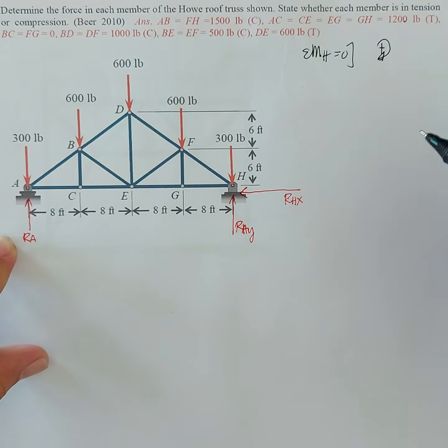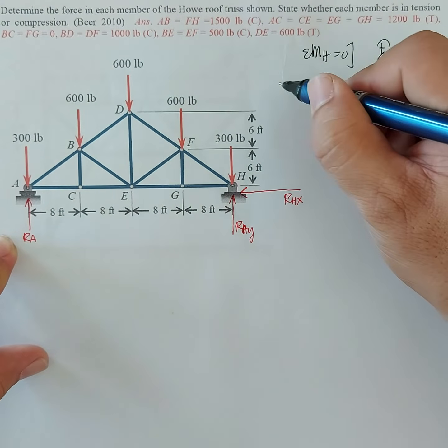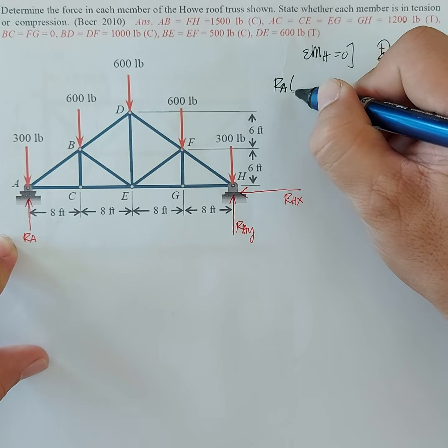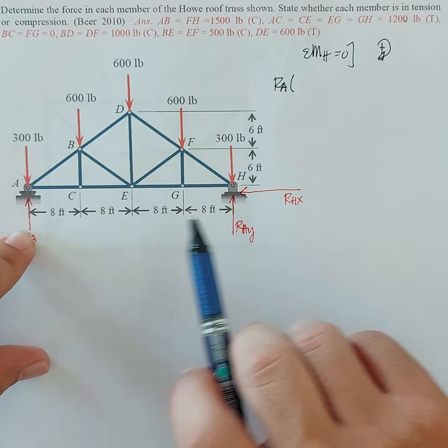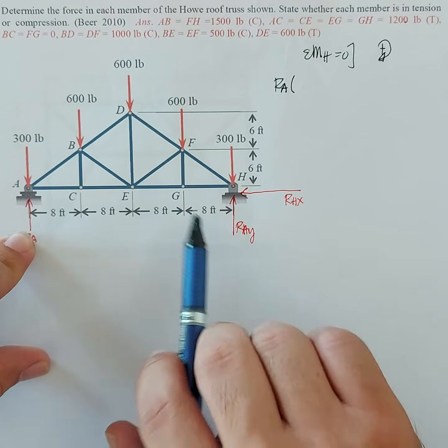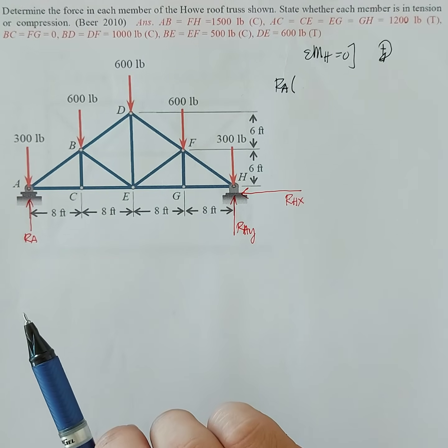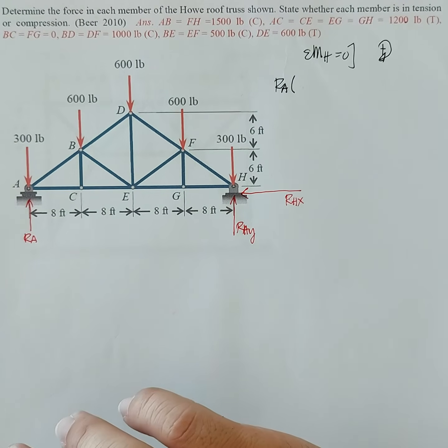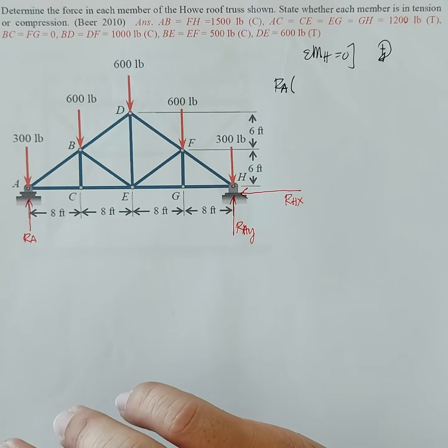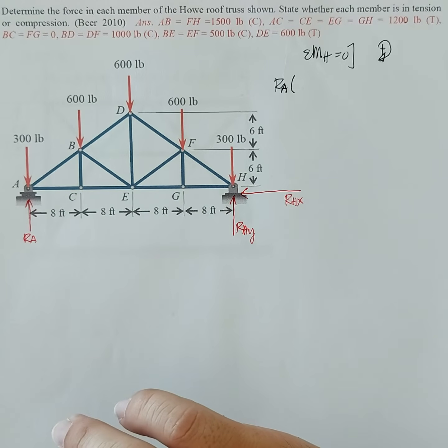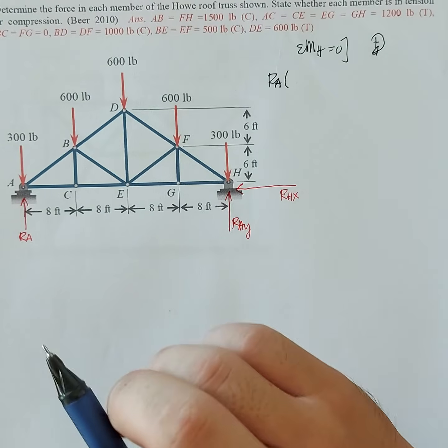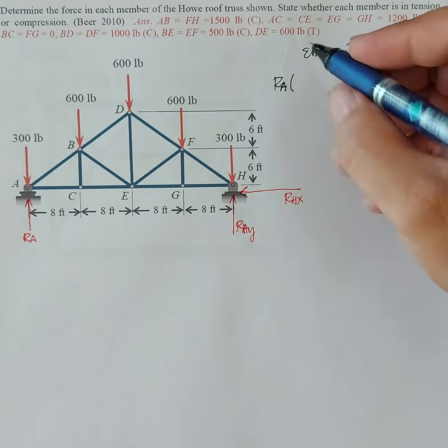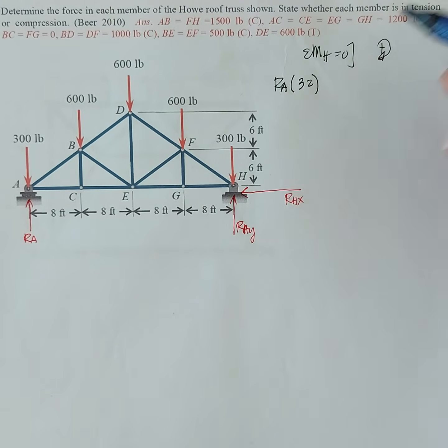RA creates a clockwise moment, positive. So RA times its moment arm from H, which is 1, 2, 3, 4 panels, 8 feet each. 8 times 4 is 32. So we have 32 feet.